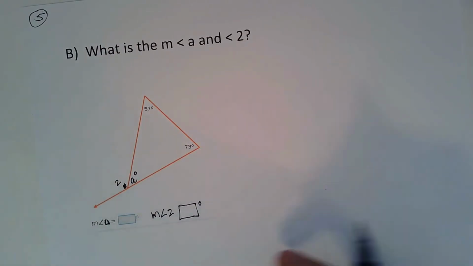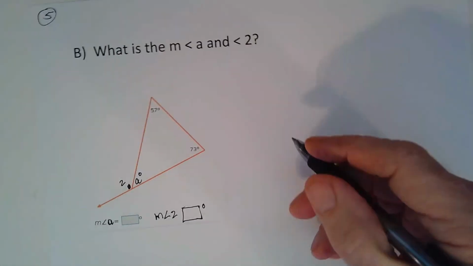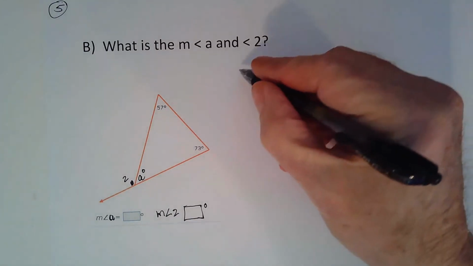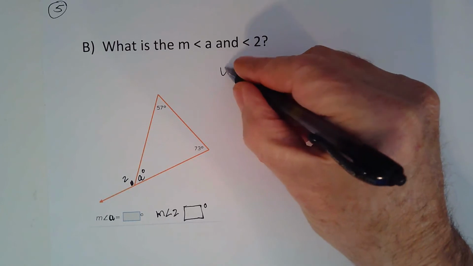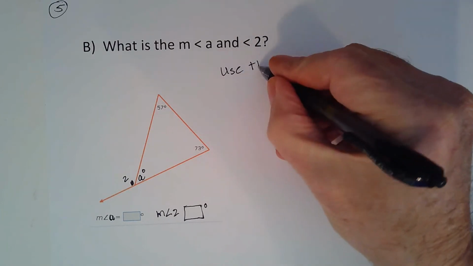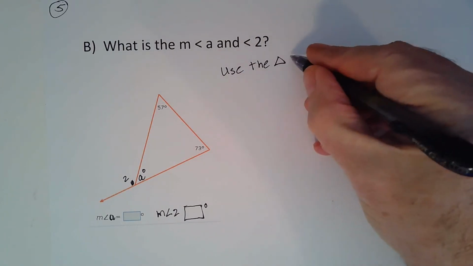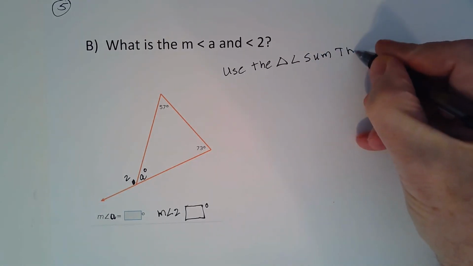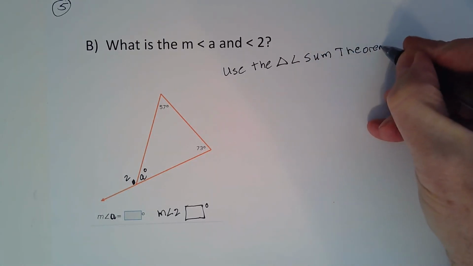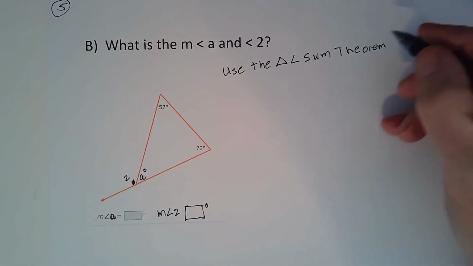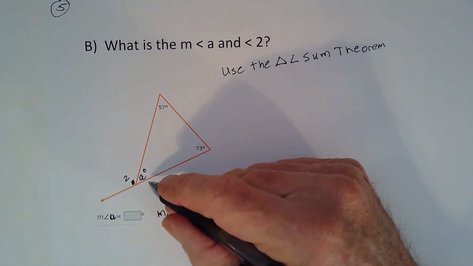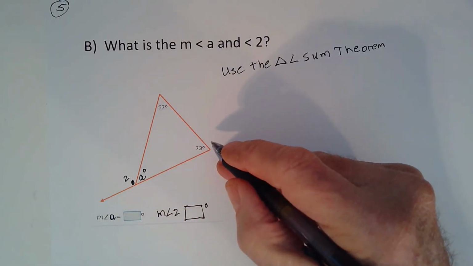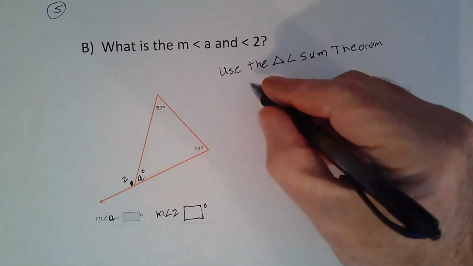So to get the measure of angle A, that's the first thing. We're going to use the triangle angle sum theorem, and so that would mean we would take the three angles of the triangle and they should equal 180 degrees.